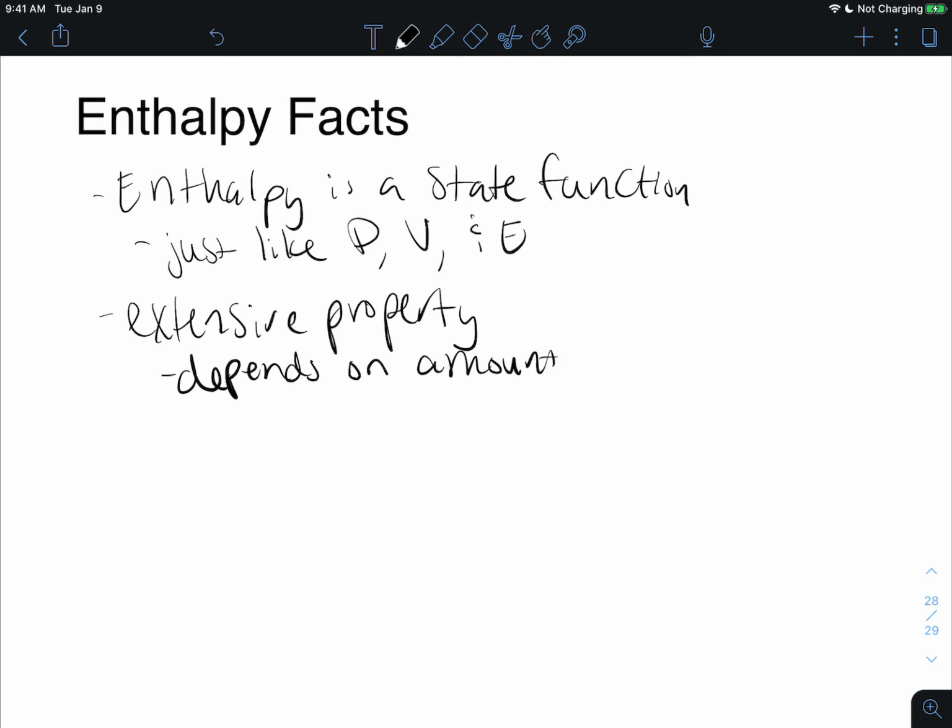Okay. And we talked about a delta H. It's usually given in kilojoules per mole. So we can see that extensive property about it. Our delta H of our reaction is going to be the same magnitude whether we're talking about the reverse or forward process. It's just going to have the opposite sign.